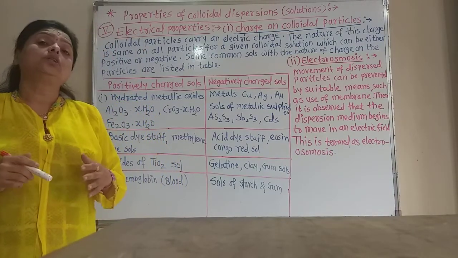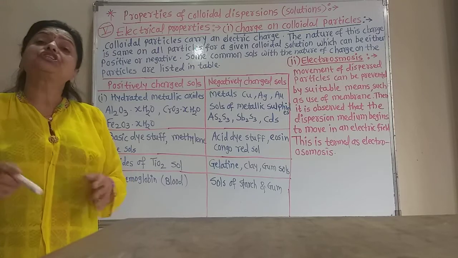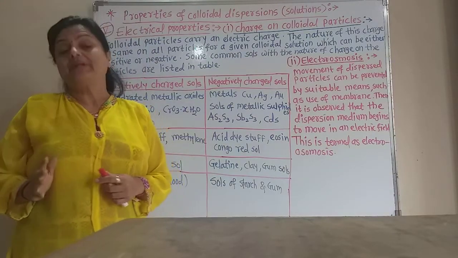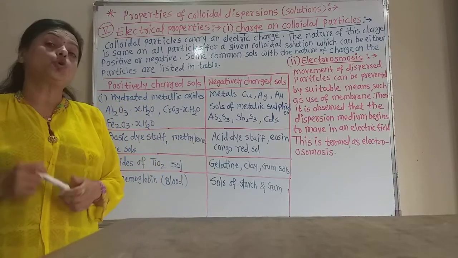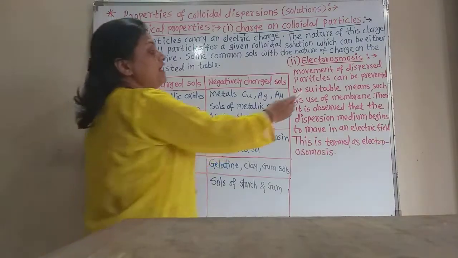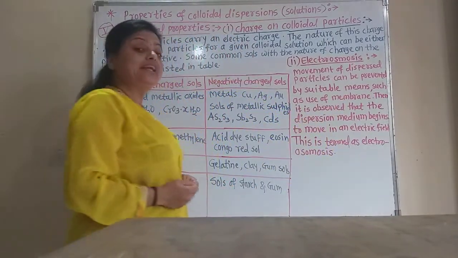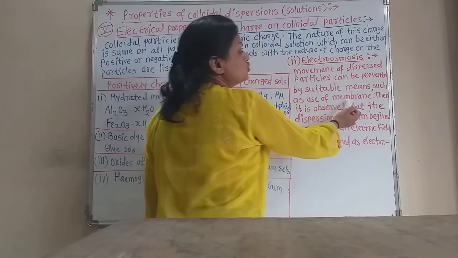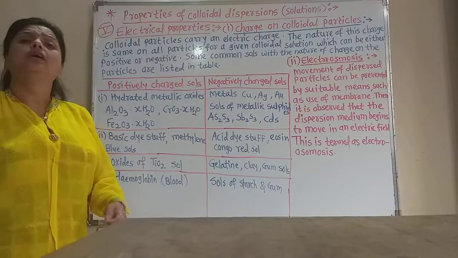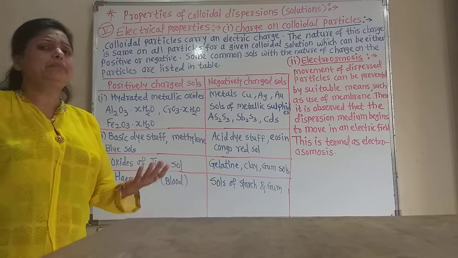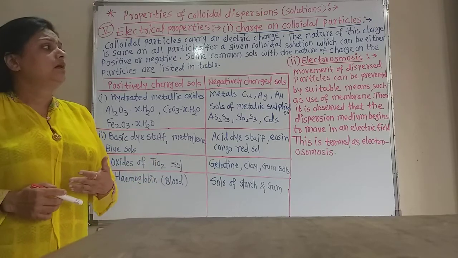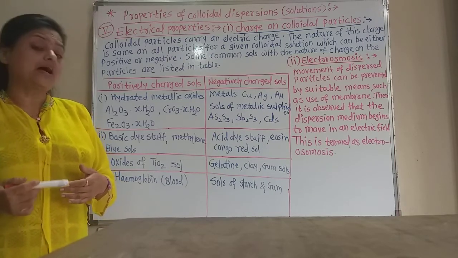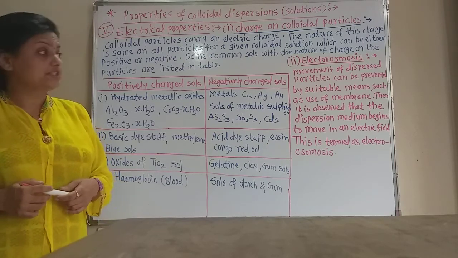The movement of the dispersed phase particle can be stopped or prevented by suitable means such as the use of a membrane. It may be an animal membrane or a chemical membrane.